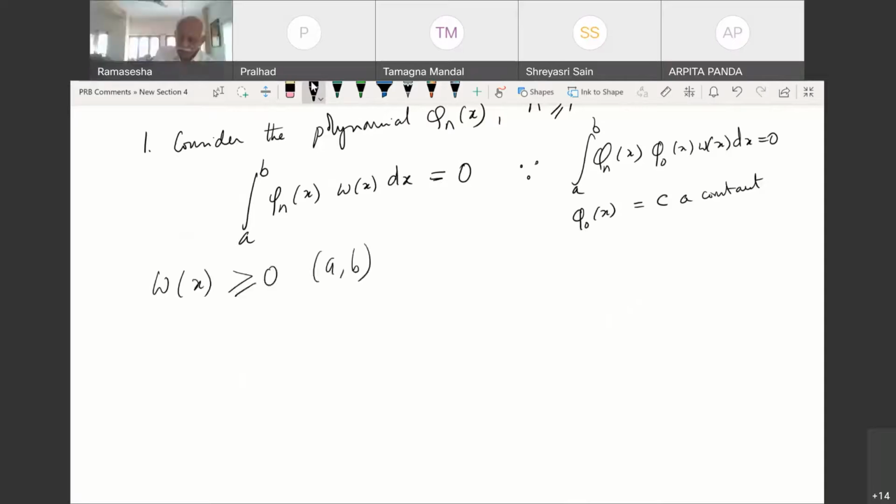Am I correct? Yes, sir. For the integral to vanish, phi n x must change sign at least once.